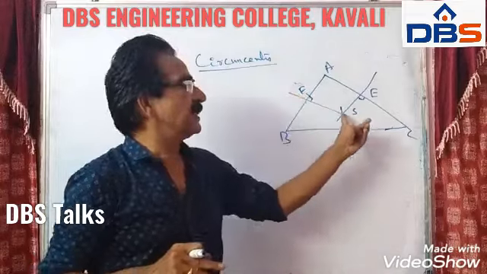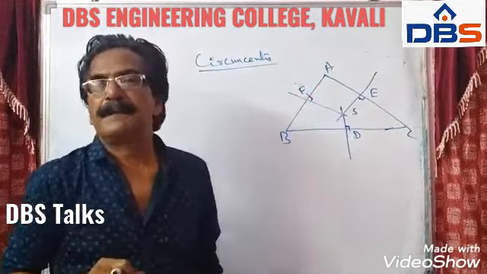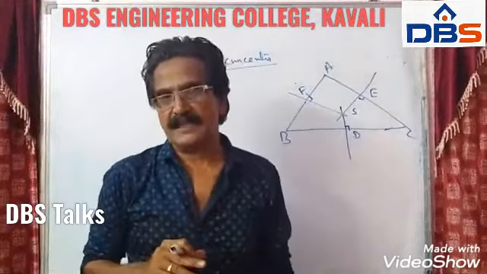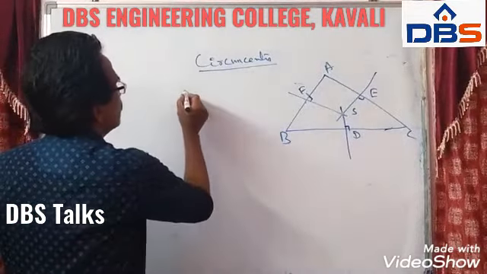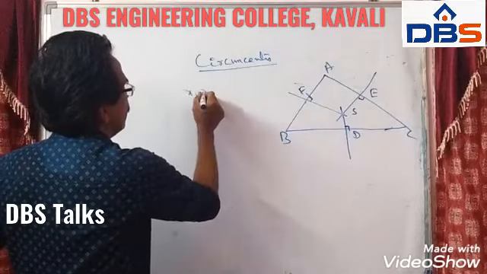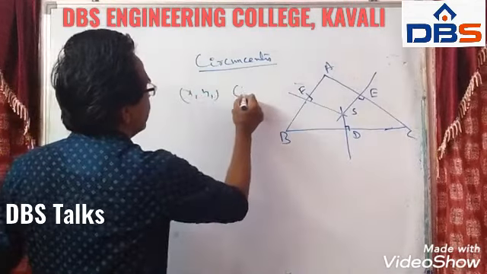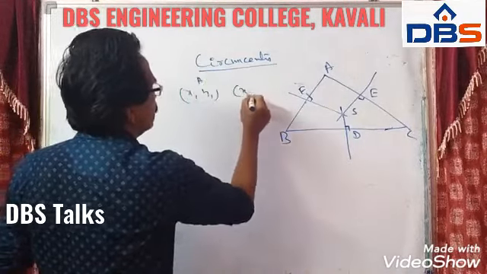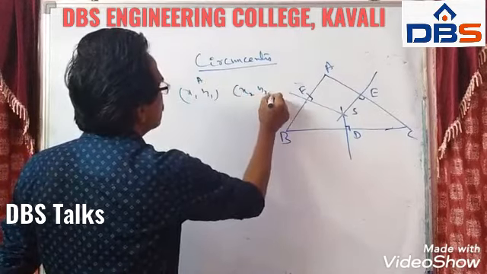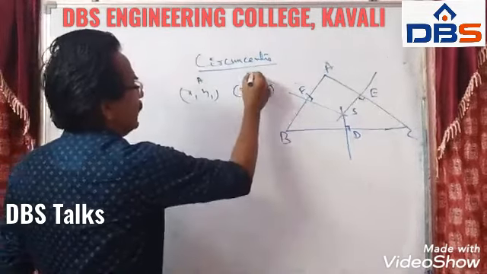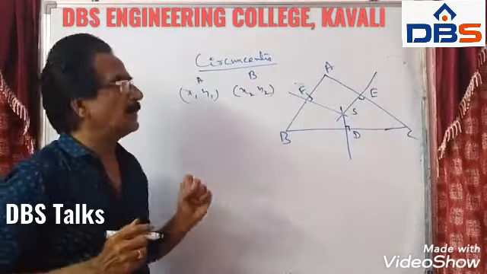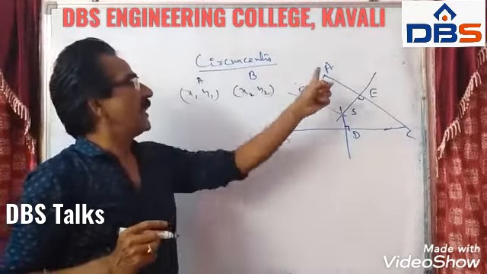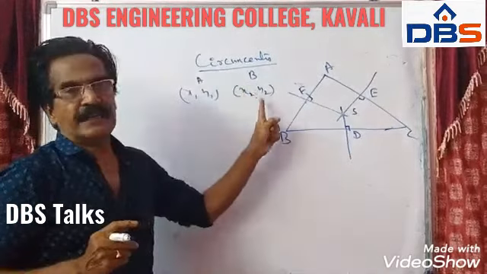Then we can find the perpendicular bisector equation. So the equation of the perpendicular bisector of the line joining x1 y1 and x2 y2.